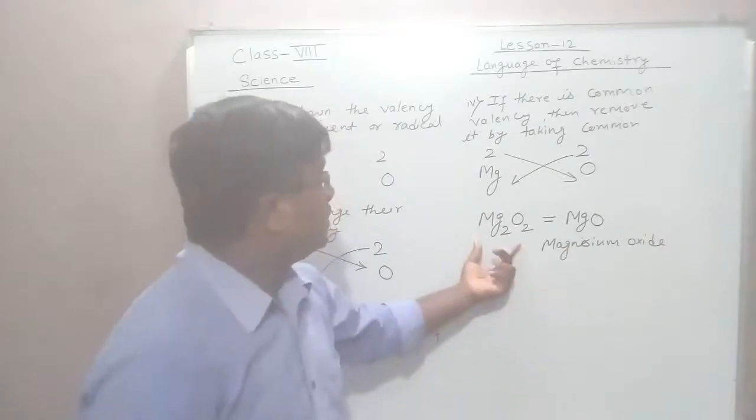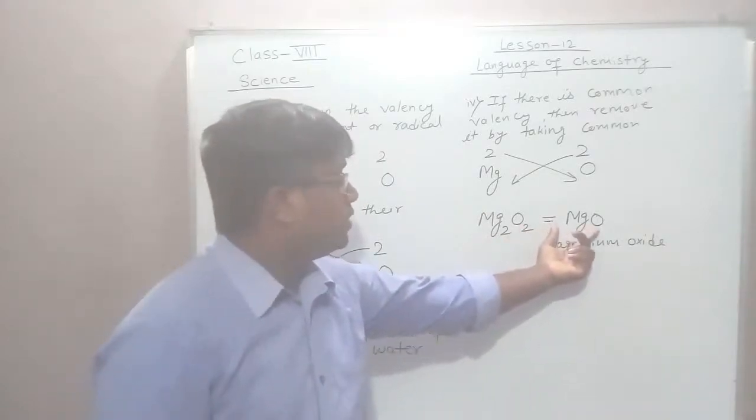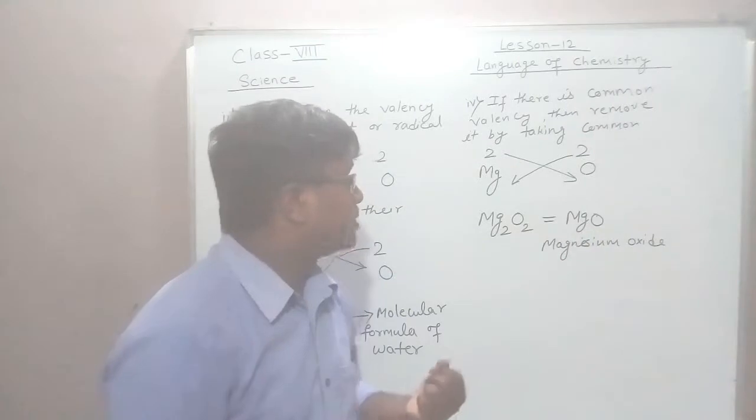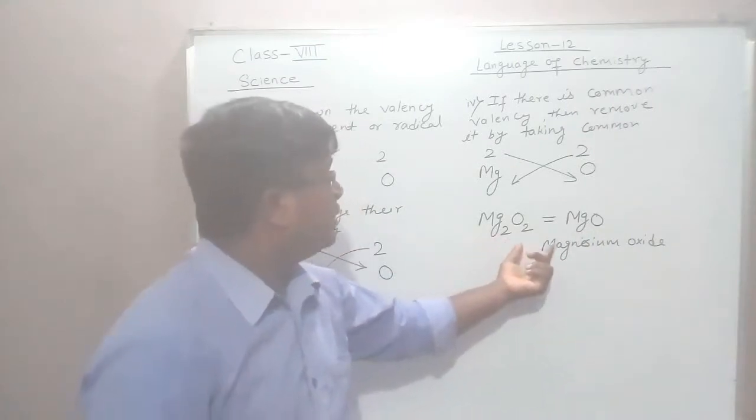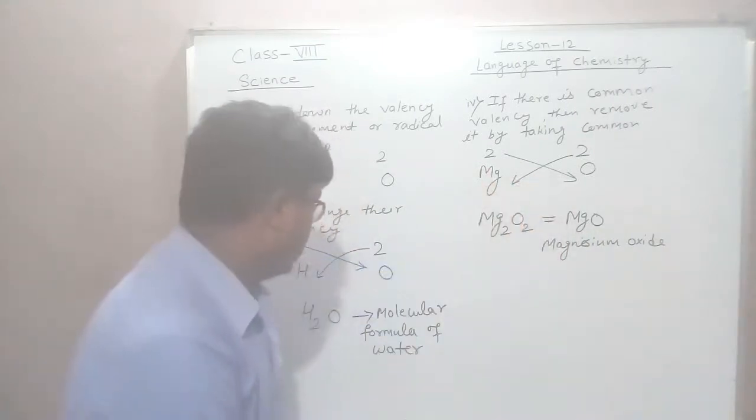So this is the molecular formula for magnesium oxide. This is your fourth rule.